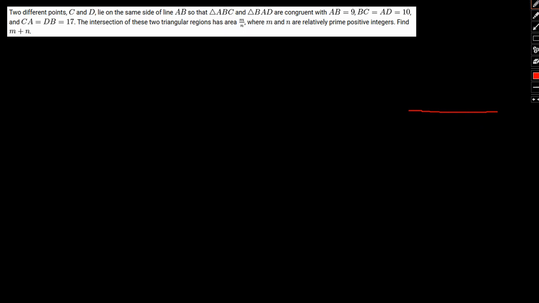Say we have two lines, say this is A, B, and subsequently we have another line over here. Say this is C, this is D. Okay, so now we have triangle ABC. So let's join AB and AC.